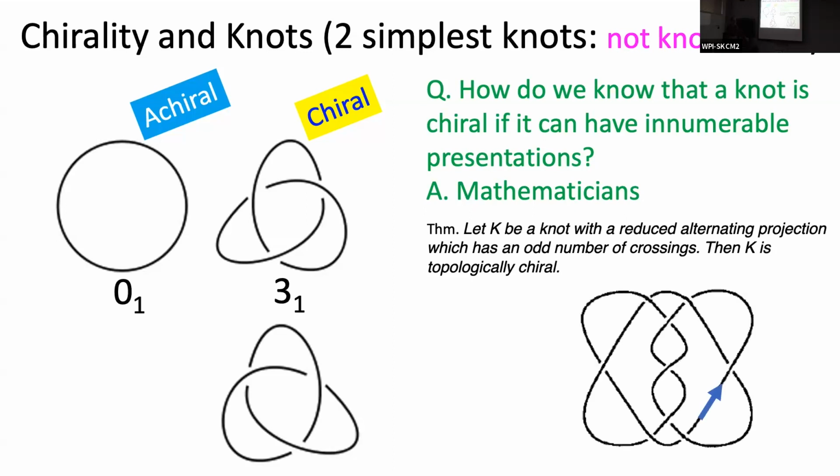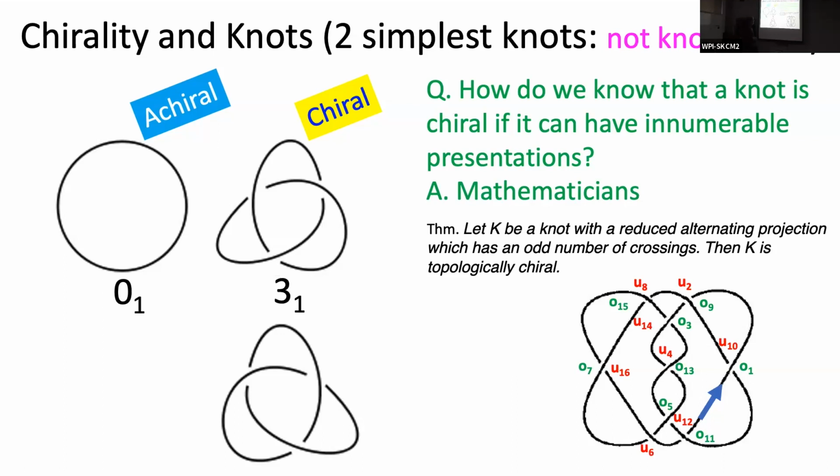So if you have a knot like this and it's directed and it has a minimum number of crossings, and those crossings are all alternating, over, under, over, under, and so on, then that knot is topologically chiral, and there is a proof for a knot of that kind.